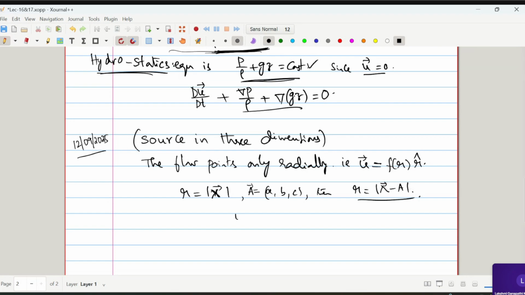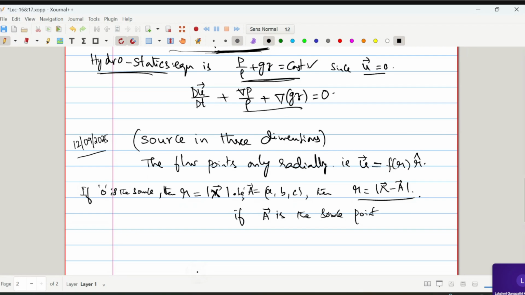If a is the source point, here this is the case. If 0 is the source point, the origin, then r is basically this.